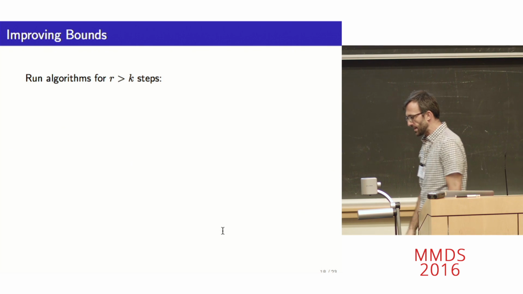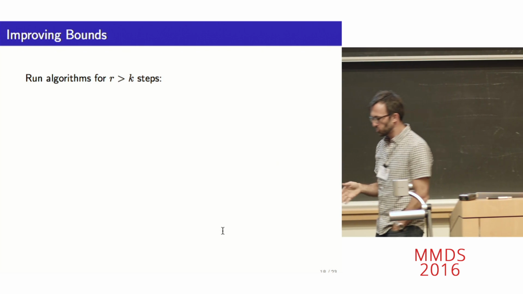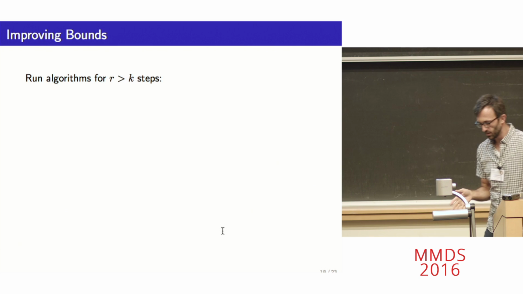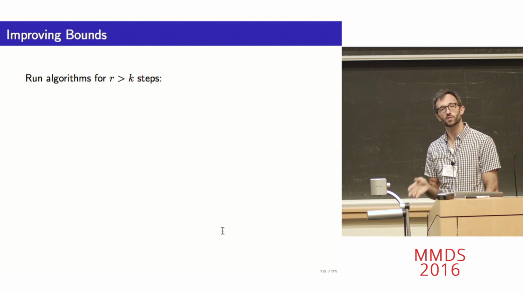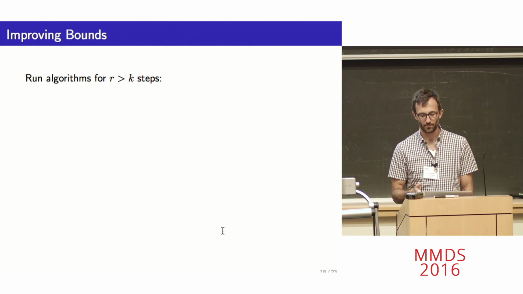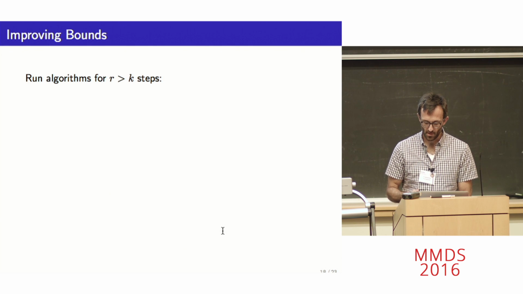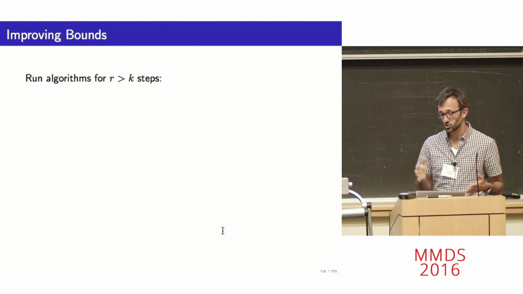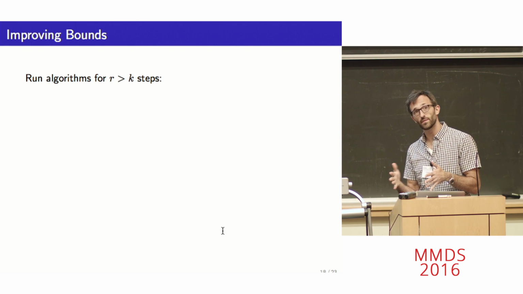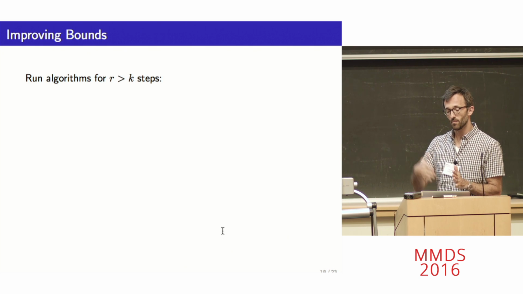So I mentioned that there's no way to improve the approximation ratio that you get from the greedy algorithm for submodular optimization in polynomial time. But there is a way that we can actually get a better objective value, and that's by cheating, which is by adding more values.